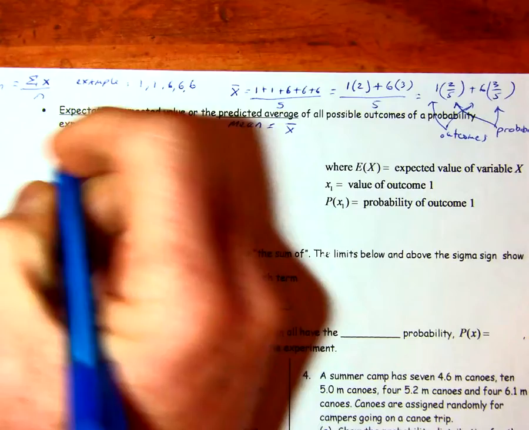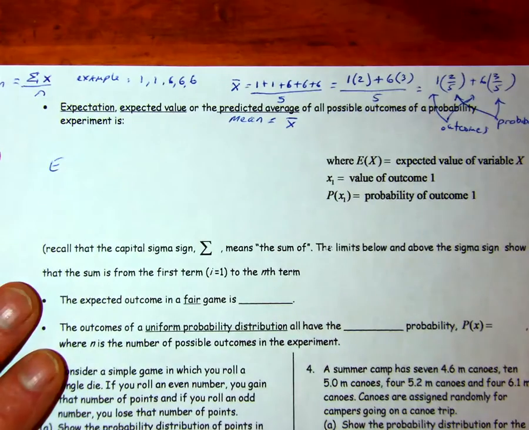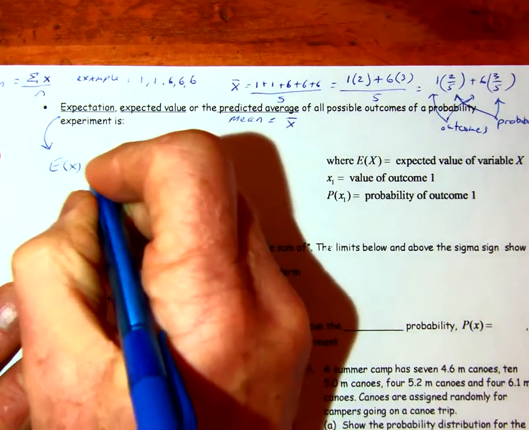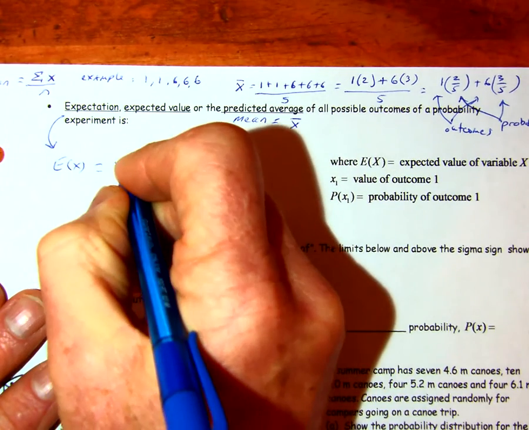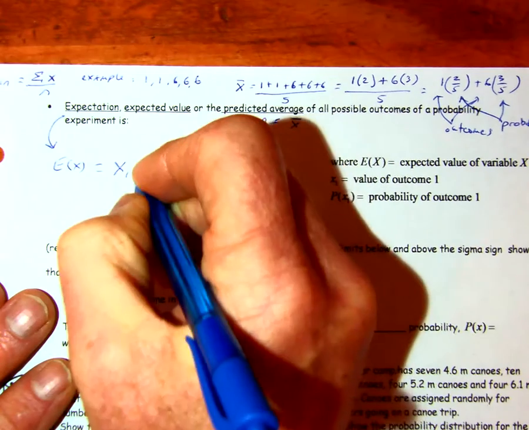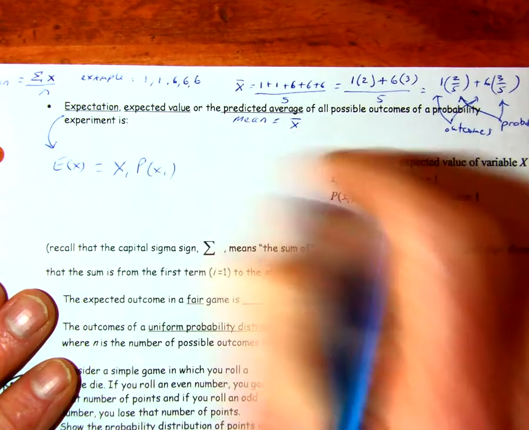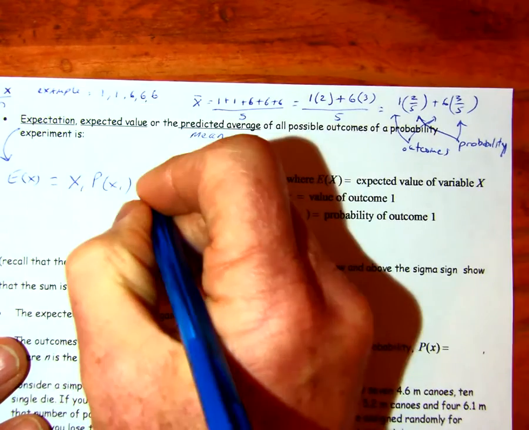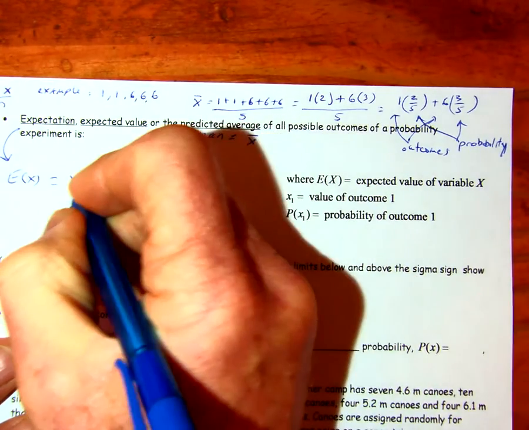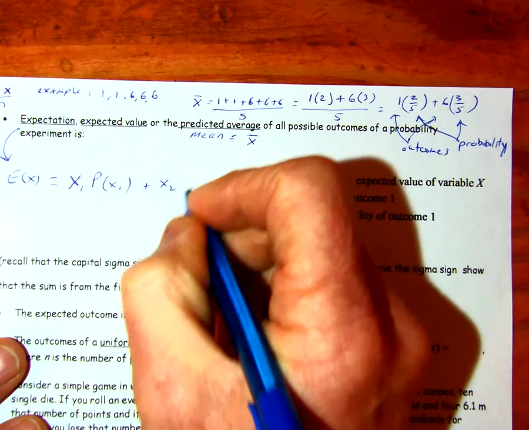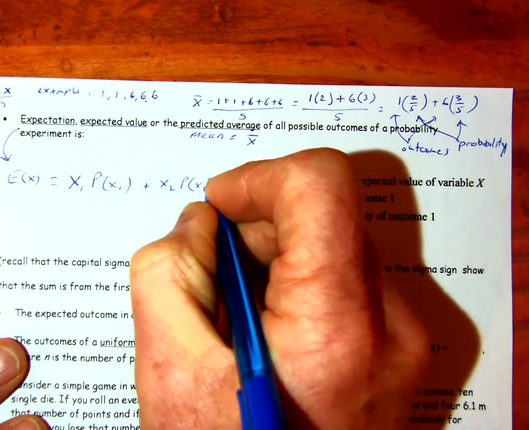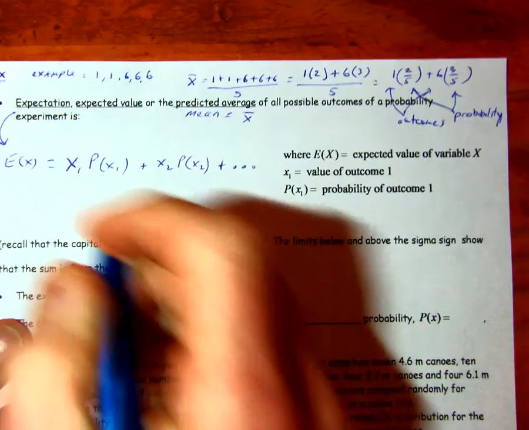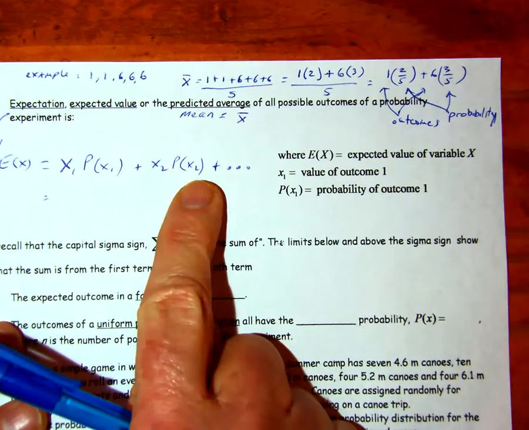So the expectation, we're going to call it E. The expectation is going to be outcome 1 times the probability of outcome 1, plus outcome 2 (that should be a small x, not a big X) times the probability of outcome 2, and so on.